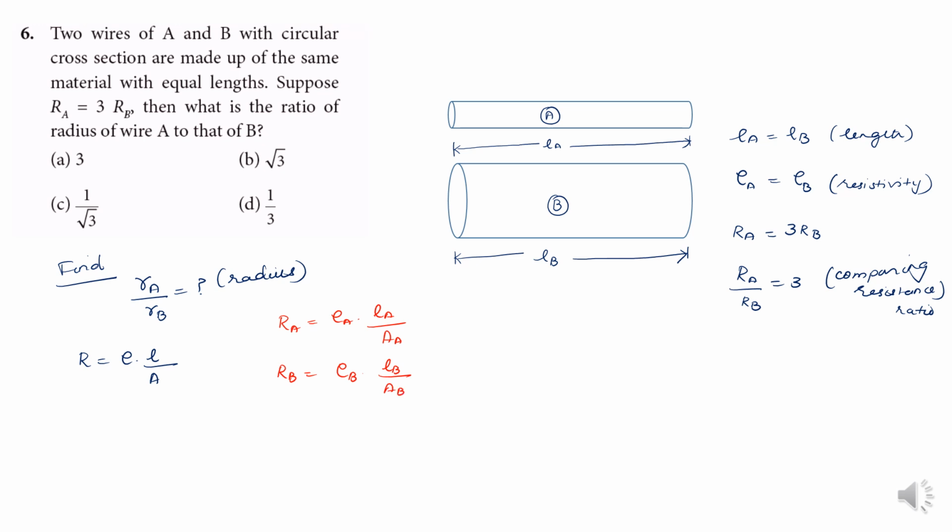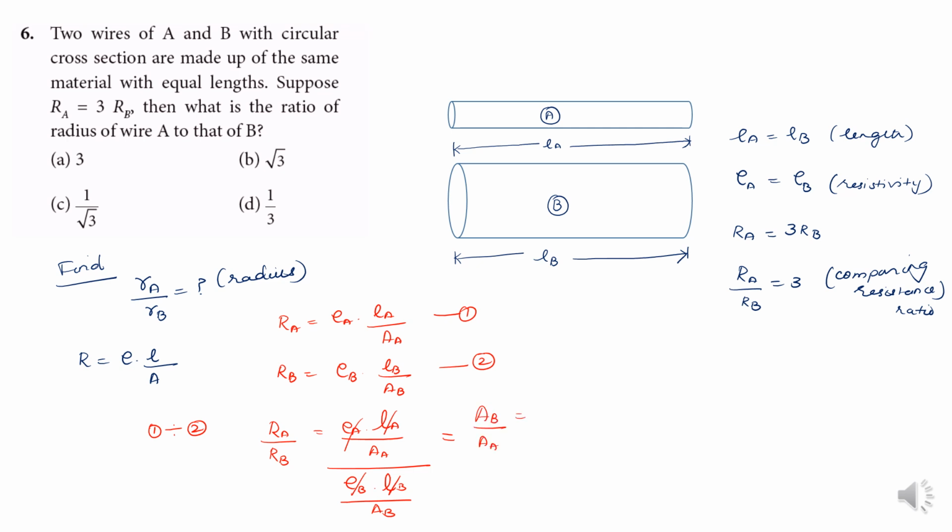Let this be equation 1, let this be equation 2. 1 divided by 2 gives you RA by RB is equal to rho A LA by AA divided by rho B LB by AB. Rho A is equal to rho B, LA is equal to LB. So RA by RB becomes AB by AA.